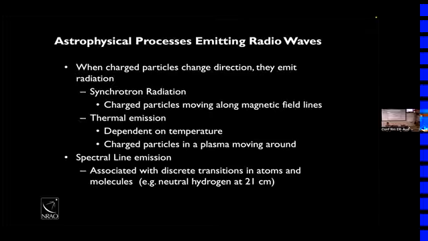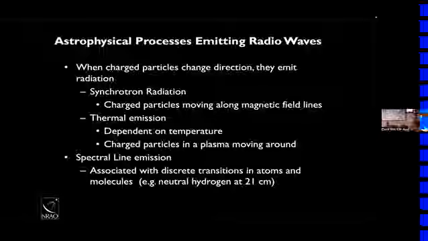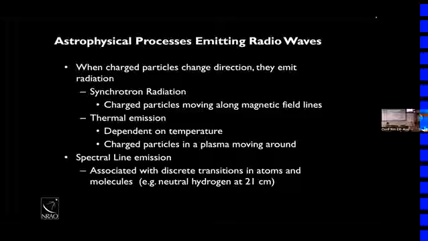The second way is thermal emission. You can imagine a plasma, which is made up of free electrons and protons. The electrons are going to see those protons, and maybe they'll get captured and start orbiting the proton, or maybe they'll just skim on past. But if they're close enough, they're also going to have their path changed by the presence of that charged particle.